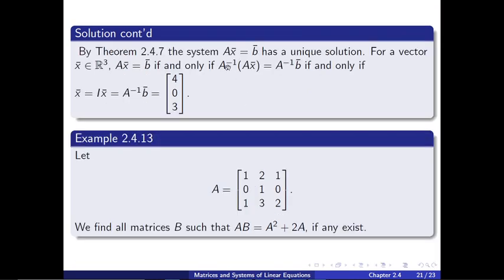Now let's look at the second part. By theorem 2.4.7, the system AX equals B has a unique solution.